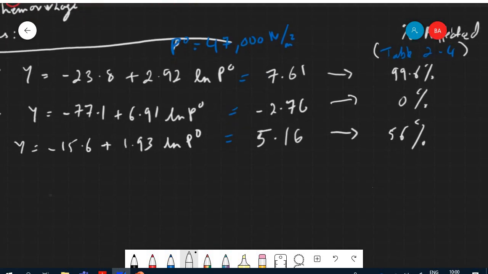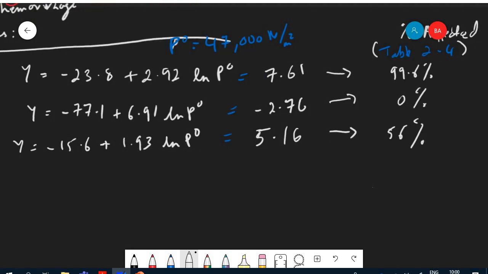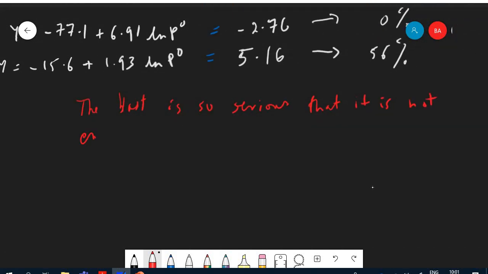Beautiful. So these are the numbers that we have obtained, and we can see that the blast is not enough to cause any death, right?